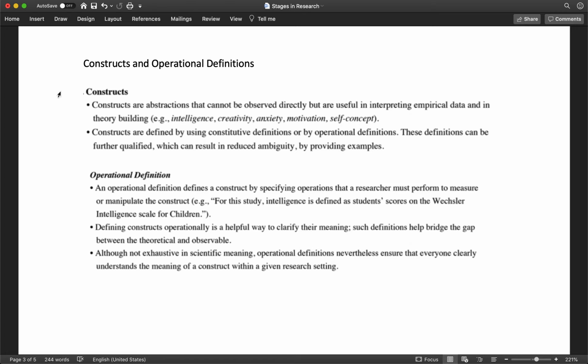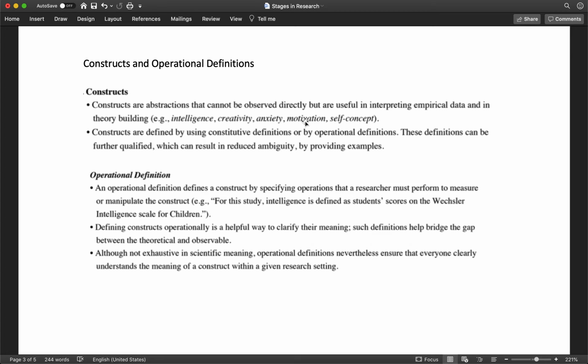So when would we use a construct in terms of aviation? Let me give you an example. Motivation, right? So I'm a flight instructor, and I might want to see what is the effect of the levels of motivation from the flight instructor, right? The flight instructor's motivation being brought into a class or to a flight on pilot's performance, right?